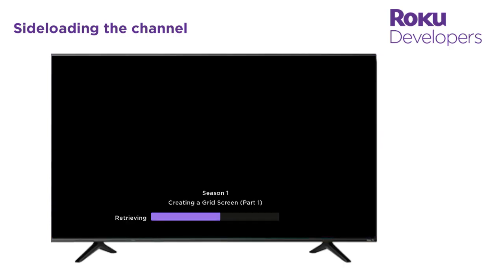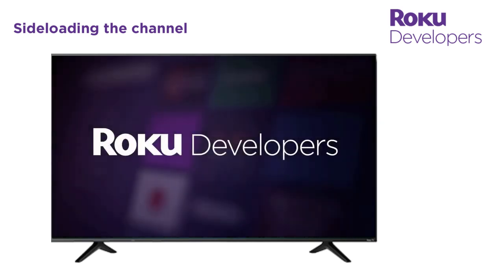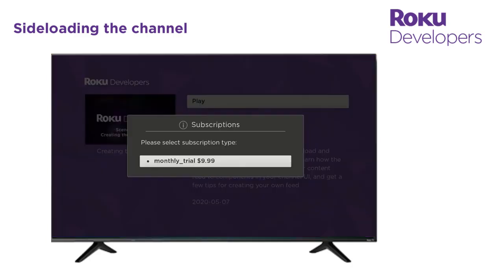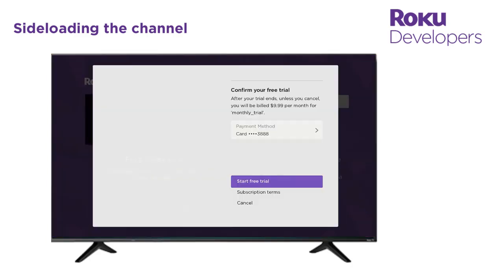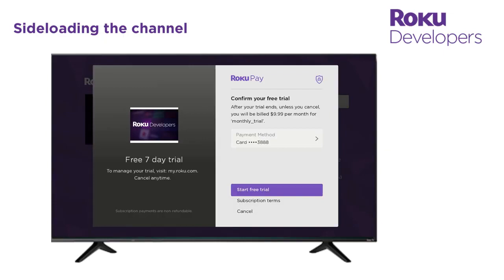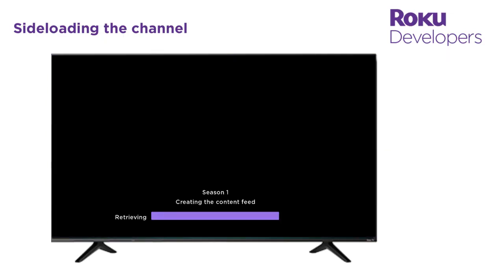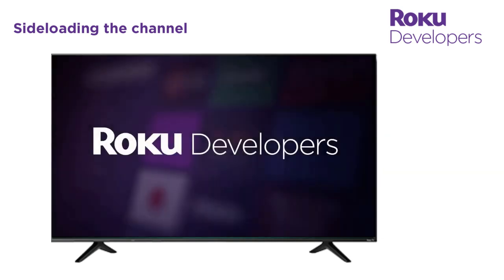If there is one, playback starts as usual. However, if we don't have a subscription, the subscription dialog opens with a list of buttons for the different subscription products in the catalog that we can purchase. When we order a product and confirm the purchase, video playback begins. If we cancel the order, an error dialog is displayed.